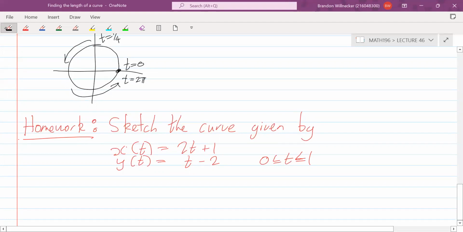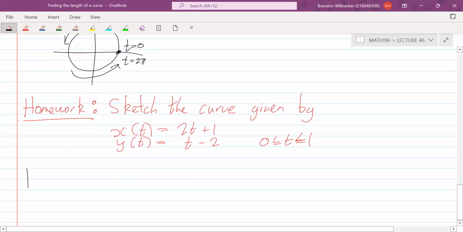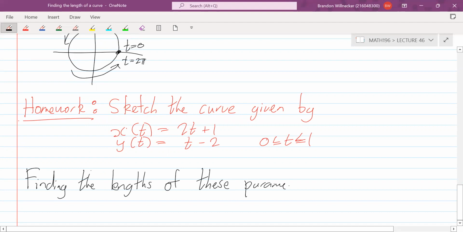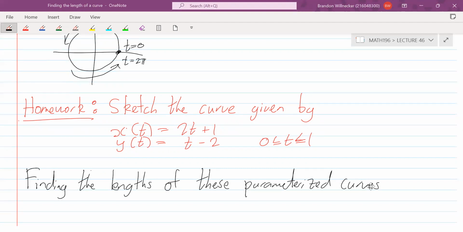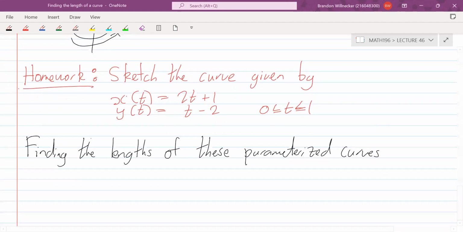So that's a little introduction on parameterized curves. How do we find the lengths of them? So, finding the lengths of these parameterized curves. We start off with what we had before with that ds squared.